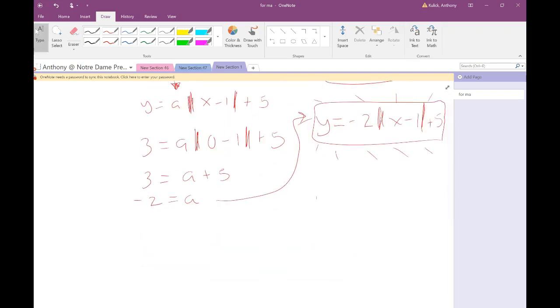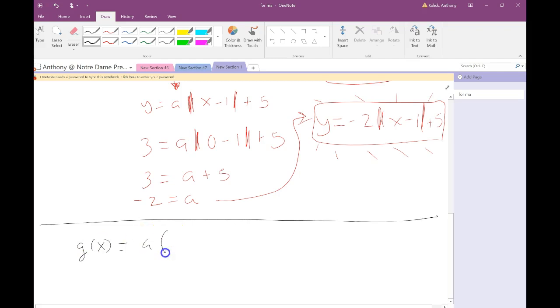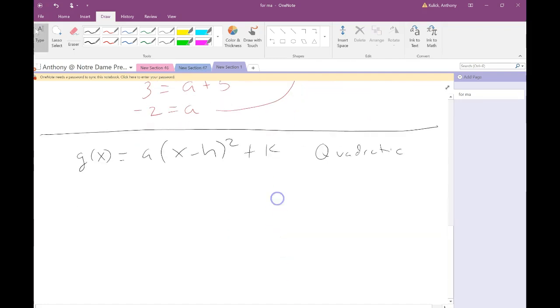That's talking about quadratic functions. I mean, it's the exact same thing. So I have some vertex and some point. So I'm going to do the exact same thing.